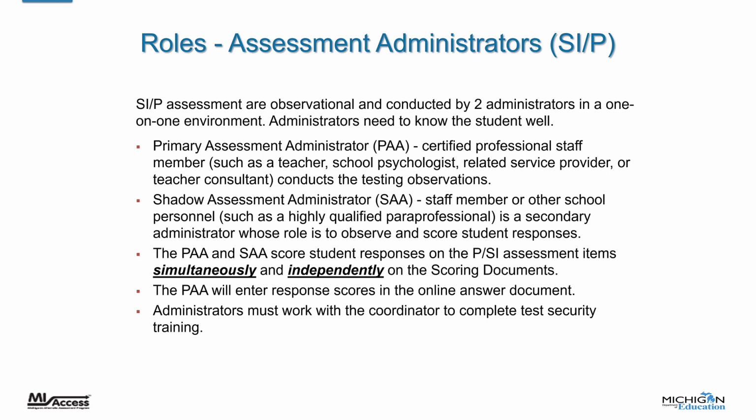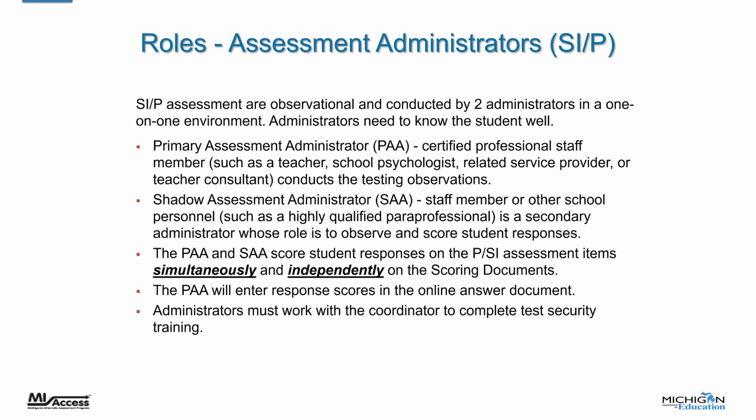The Shadow Assessment Administrator, or the SAA, can be a staff member or other school personnel whose role is to observe and score student responses. This can be a highly qualified paraprofessional. The primary and shadow assessment administrators will score the student responses for each item simultaneously and independently during the testing.